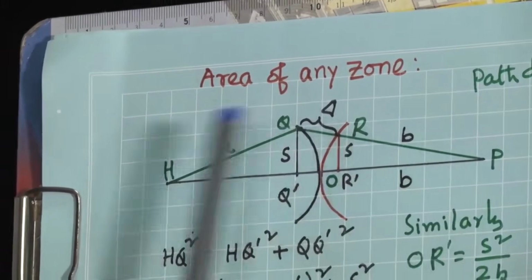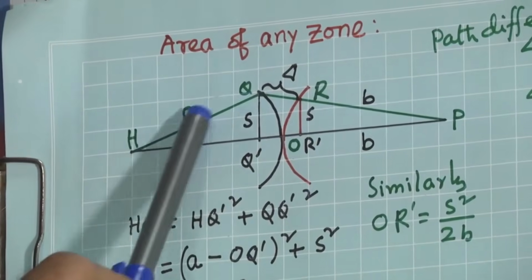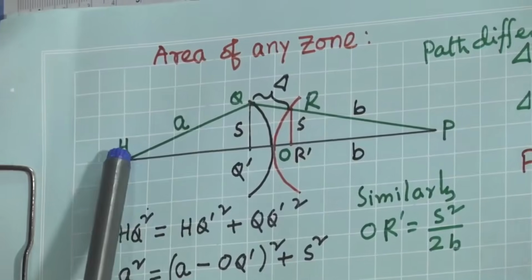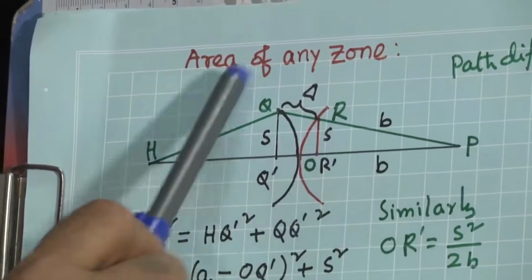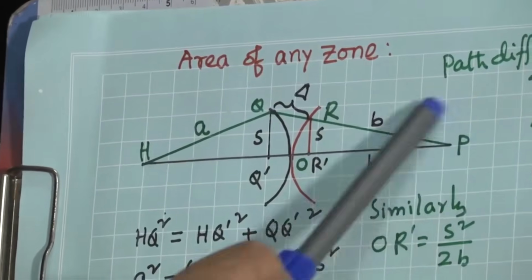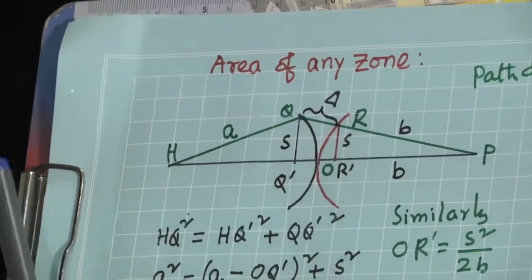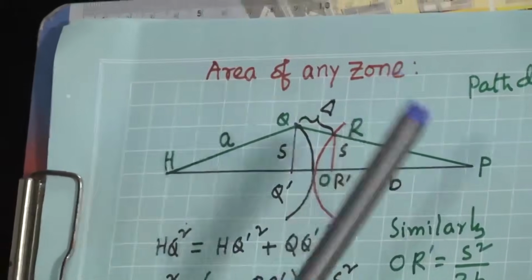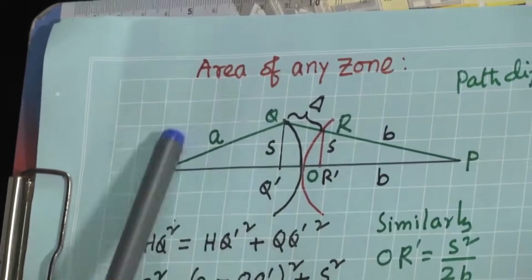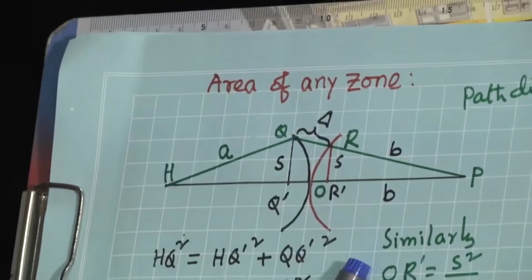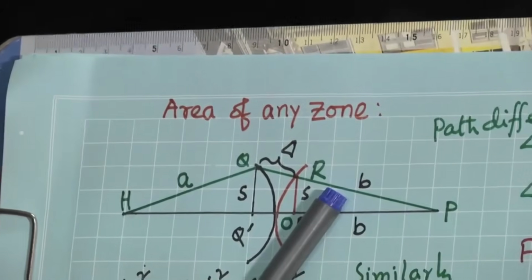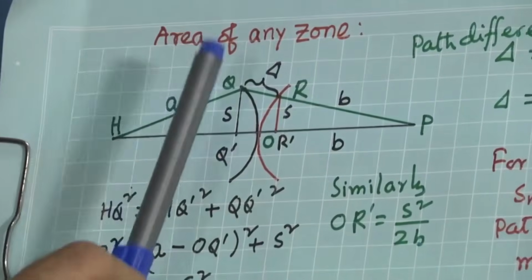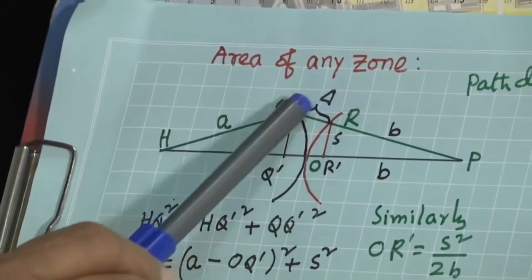So, the path difference or length difference between these two rays is definitely QR. So, that QR one can find out.